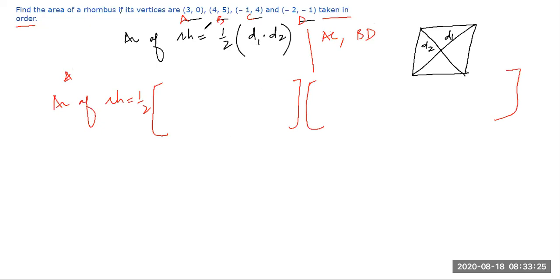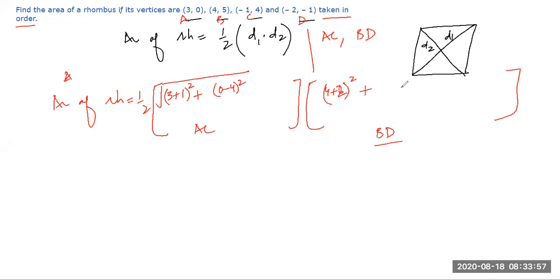So it will be the square root of (x2 minus x1) whole square plus (y2 minus y1) whole square: (1 plus 3) whole square plus (4 minus 0) whole square. Perfectly right, Sukhman. I think this is AC. Now BD. So what will be BD? BD will be (4 plus 2) whole square, right?